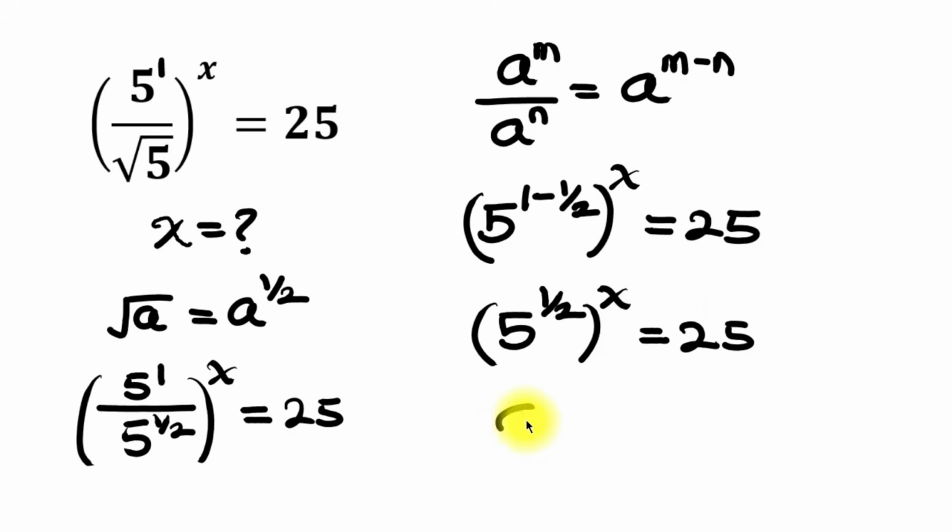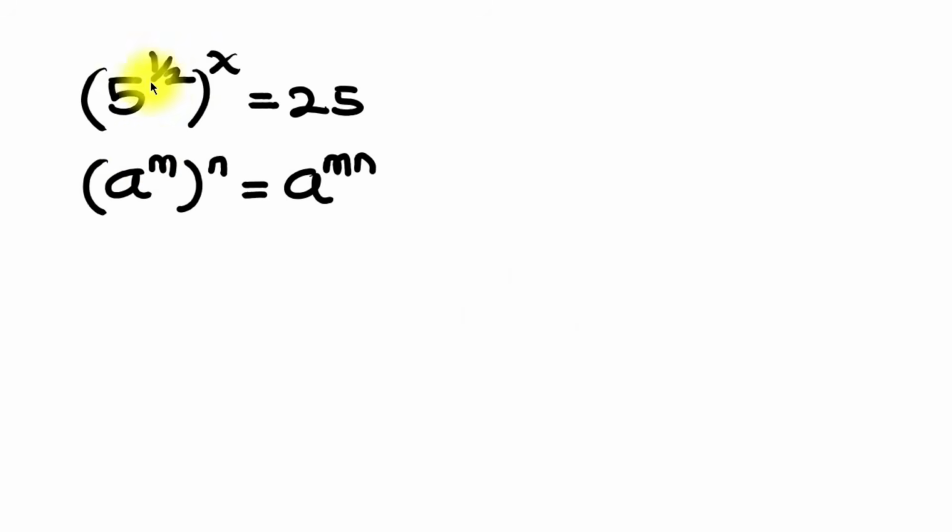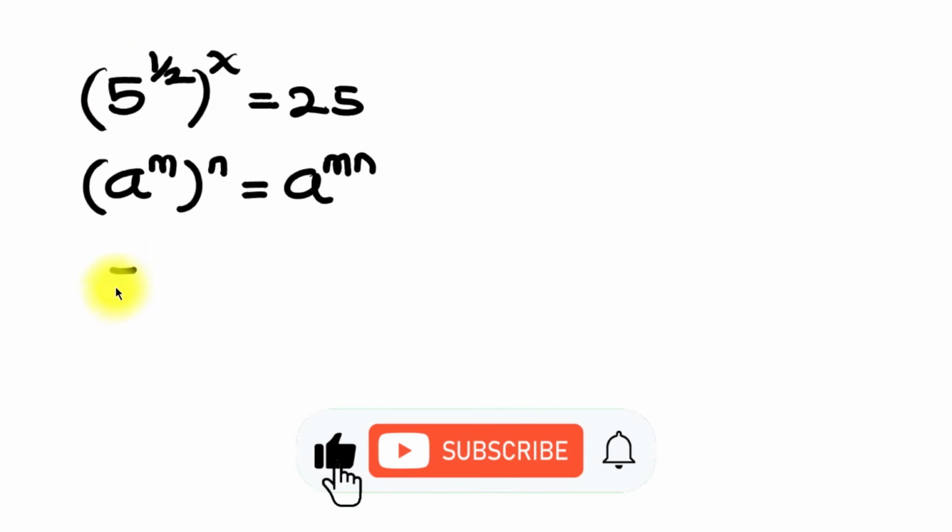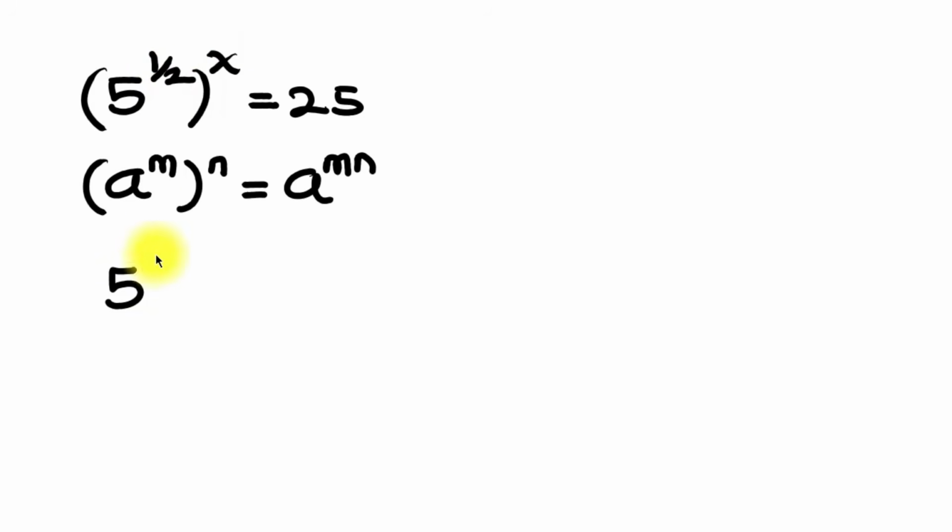The one that says when I have a to the power of m, and this is later raised to the power of n, just as we have here, this is equal to a to the power of m times n, that is mn. So the powers multiply. So let's apply this to what we have here. So this becomes, write down the base 5 and then multiply the powers. 1 over 2 times x is x over 2. Very good. And this is equal to 25.